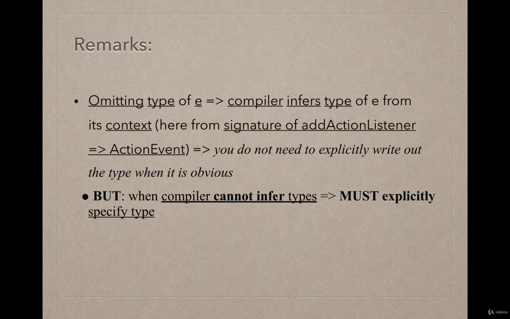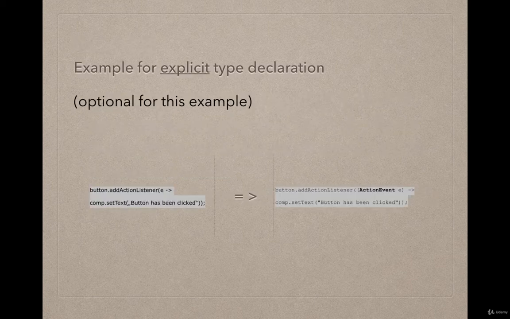You would see if you have to explicitly write out the type or not, because if there are compile errors, then it's obvious. Here's an example for explicit type declaration. It's our example from before without a type, and here we can write the type of e, but this is optional in this example because the compiler can infer the type.